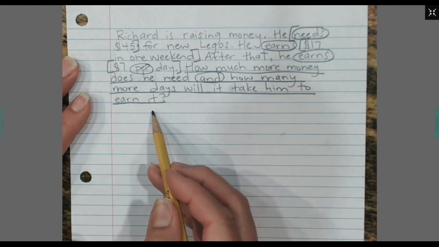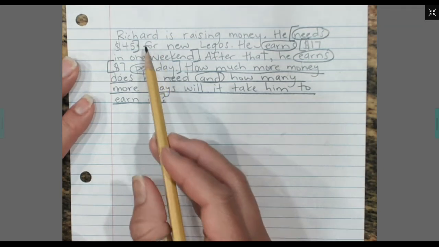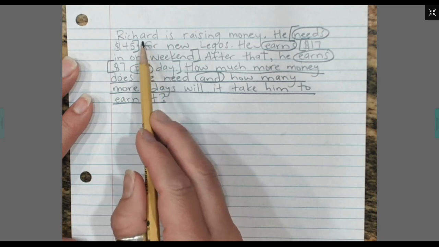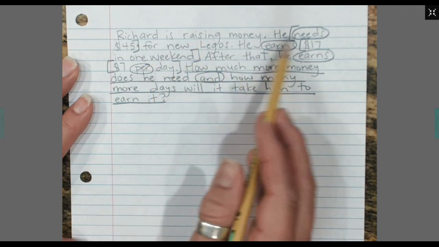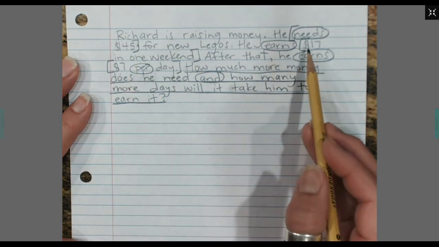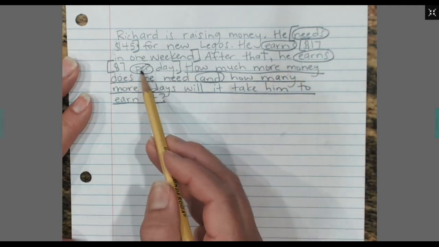Okay, so I think I'm ready now to start drawing. I'm going to go back and reread and figure out what's going to be the best way for me to draw this. Richard is raising money. He needs $45, and I know that he gets some money. He earns some money, and then he earns some more.